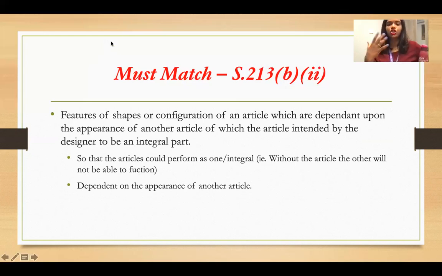Whether we should get this protected, the appearance is of course the most important thing. But if we allow all appearance to be protected under must fit and must match, right? This will be an exclusion. Why is this an exclusion?